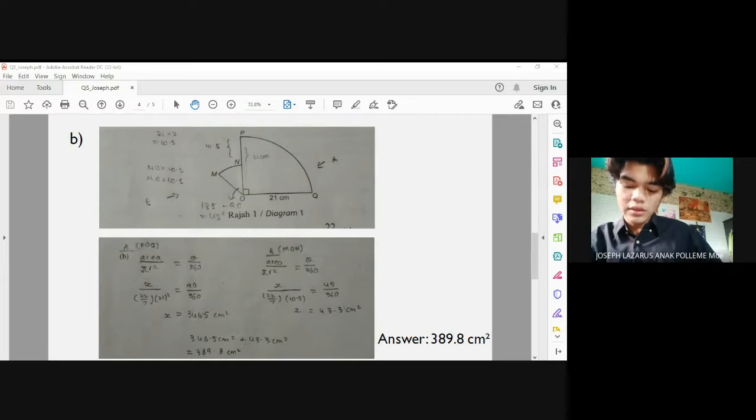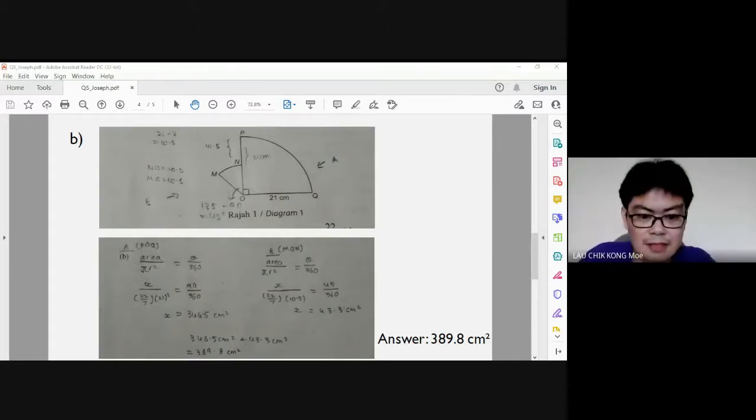The question asks for the area of the whole diagram. So 346.5 cm2 plus 43.3 cm2 equal to 389.8 cm2. Yeah, thank you, Joseph.